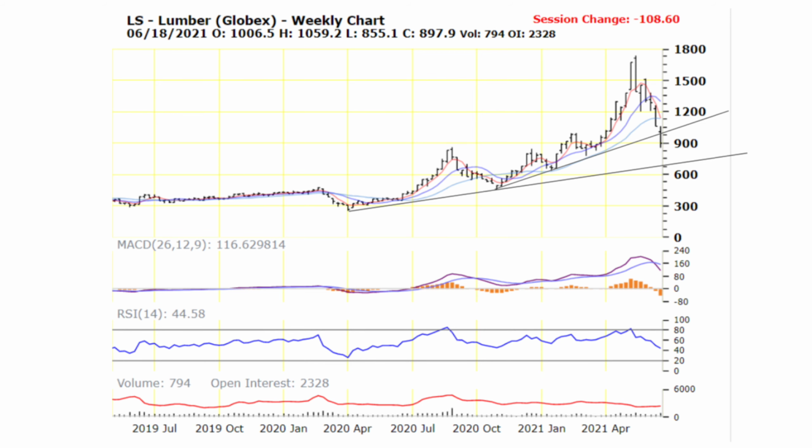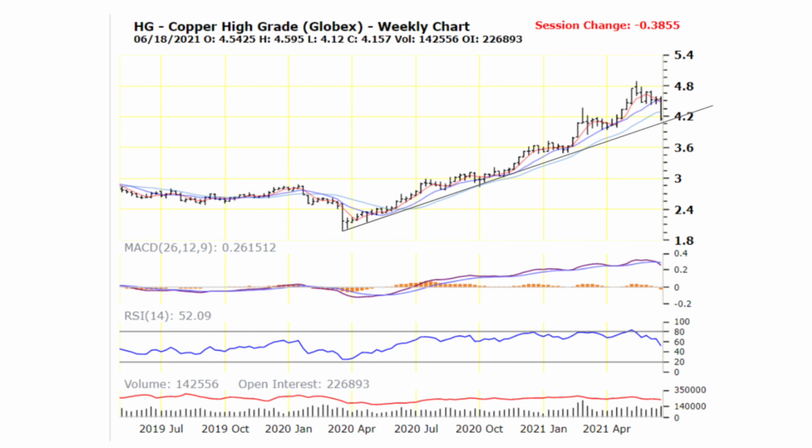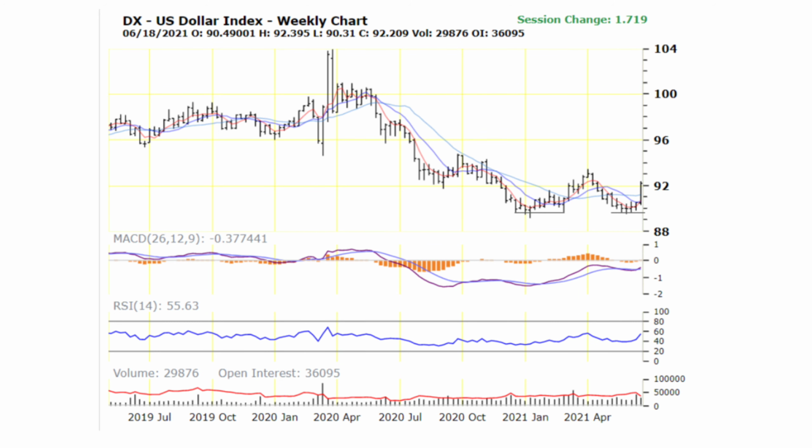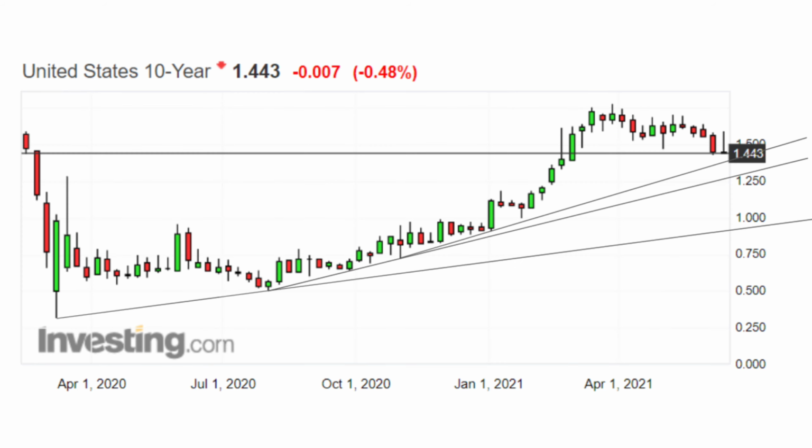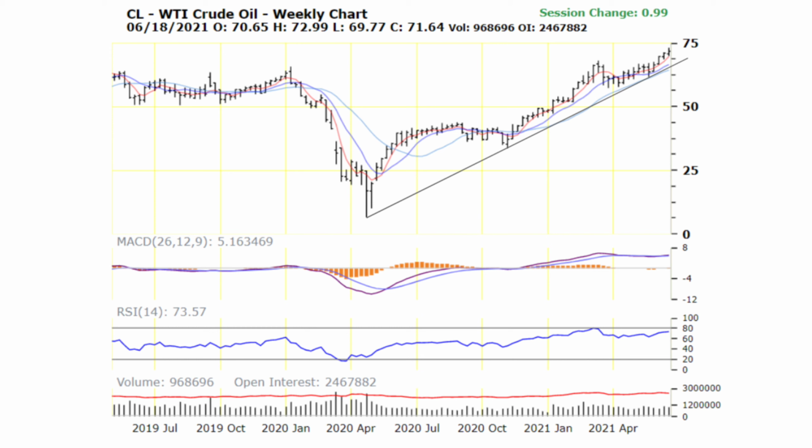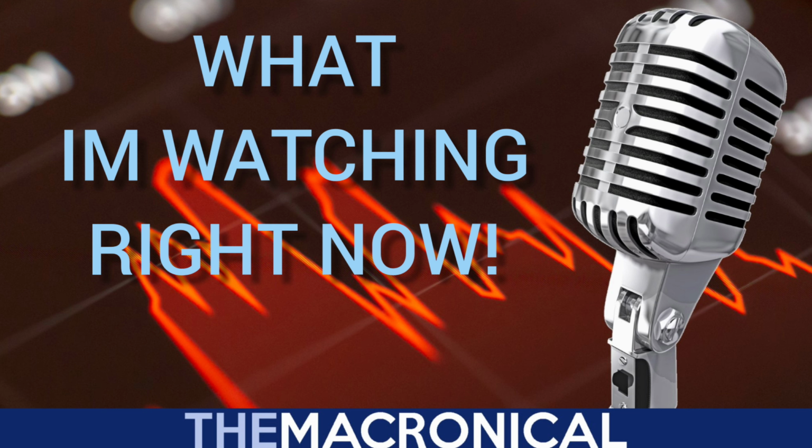Lumber, broken trend. Copper, close below 410. US dollar index, close above 93. US 10-year, below 1.35 on the weekly. And crude oil, we will need a weekly close below 70. But again, typically, this is the last one to break.